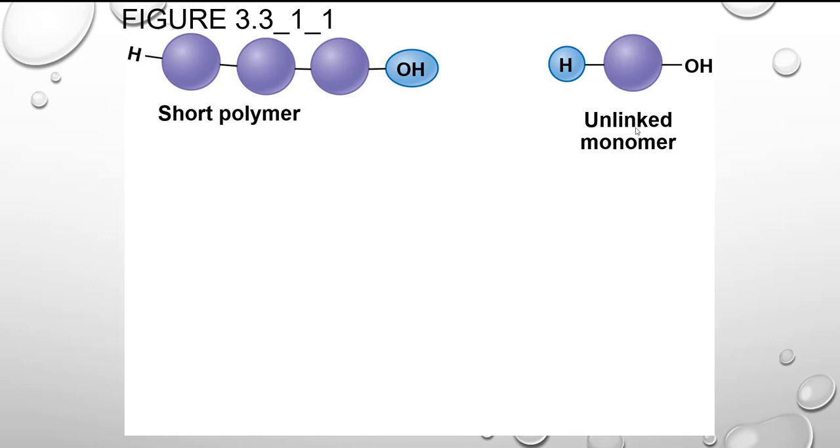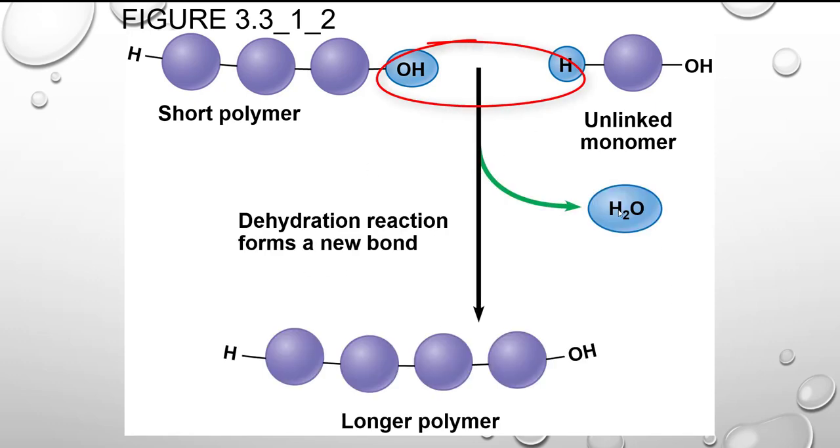And then we have this unlinked monomer over here with its hydrogen and its hydroxyl group. So we're going to undergo a dehydration synthesis reaction where the hydroxyl group and the hydrogen will break off to form water, okay?